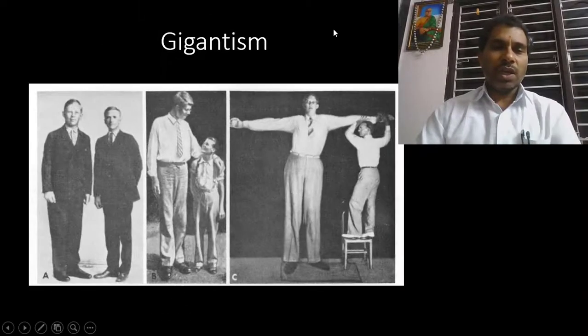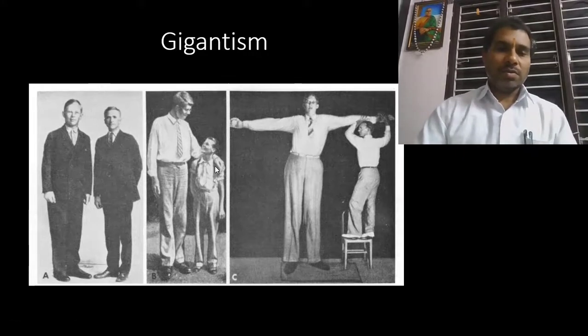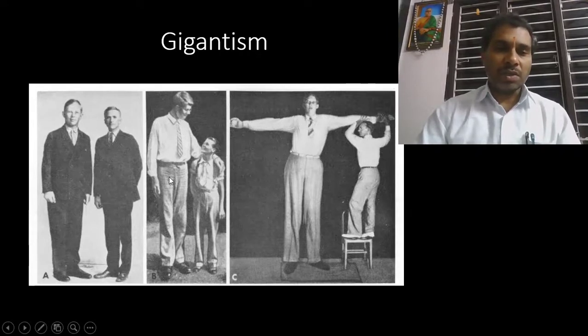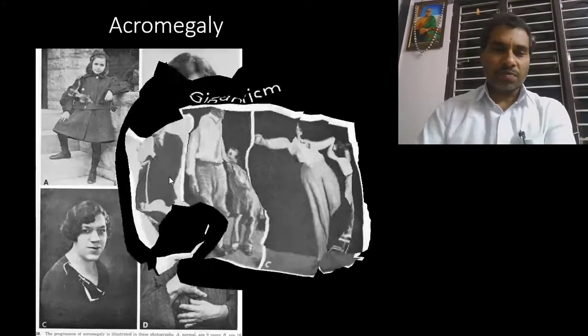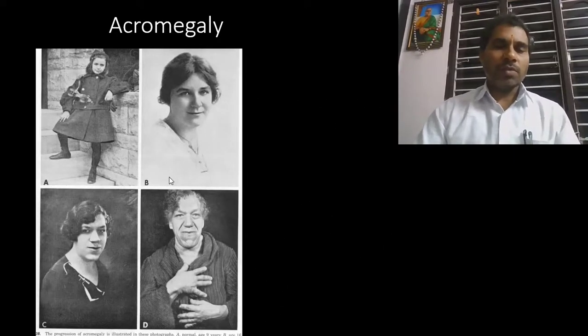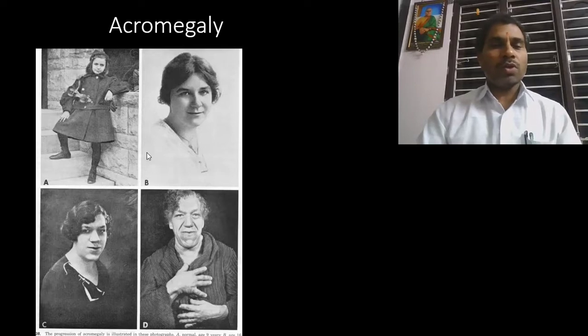In gigantism, when the growth hormone is high, the height of the organism is increased abnormally, and that is called gigantism. If there is an abnormality of this particular growth hormone, then the disease called acromegaly occurs, meaning abnormal growth of the hand bones and the leg bones takes place.